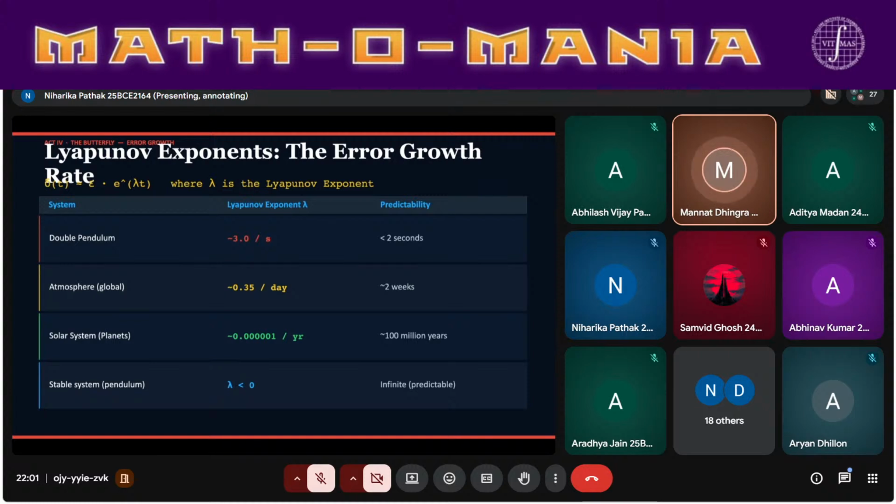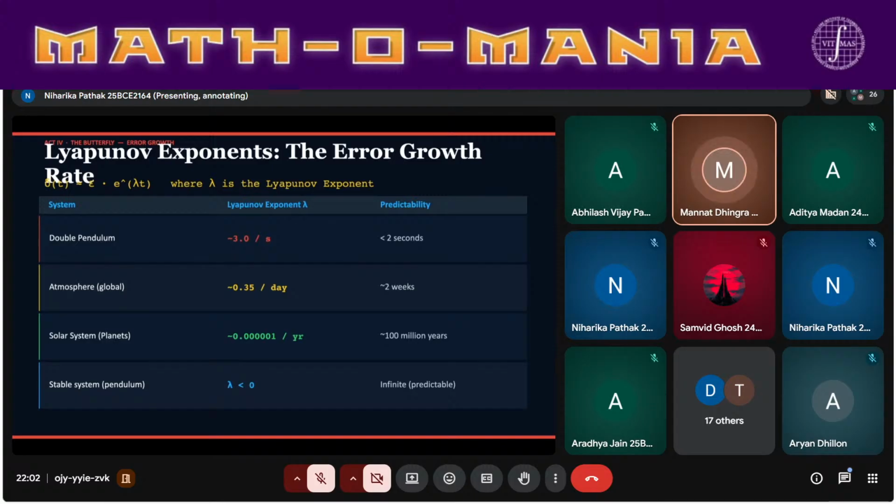Now I have taken four systems here: double pendulum, atmosphere, and so on. These are four different cases. So when we are using the double pendulum, or referring to the atmosphere or global scale, or the planets or the solar system, or a stable system like the normal pendulums which you have seen. When we use the Lyapunov exponent for the double pendulum, it is close to 3.0 second inverse.